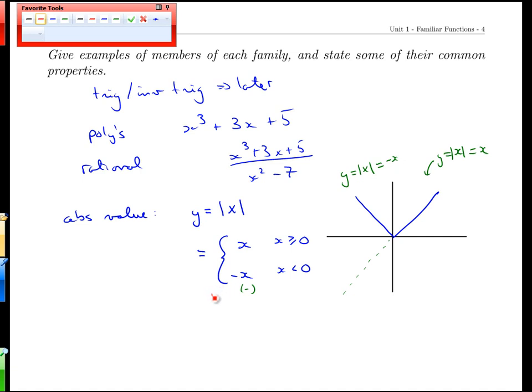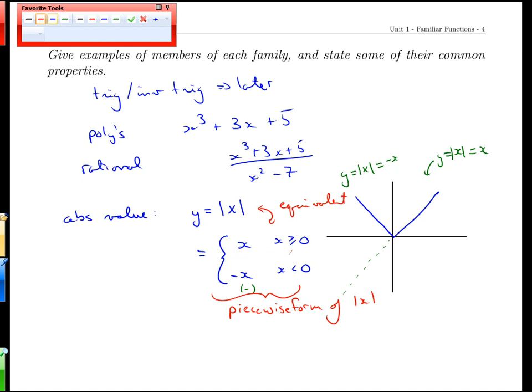And this is the piecewise form of absolute value of x. So these two formulations here are equivalent. Obviously, the absolute value bars are a lot shorter to write than this longer form here, but they mean exactly the same thing.